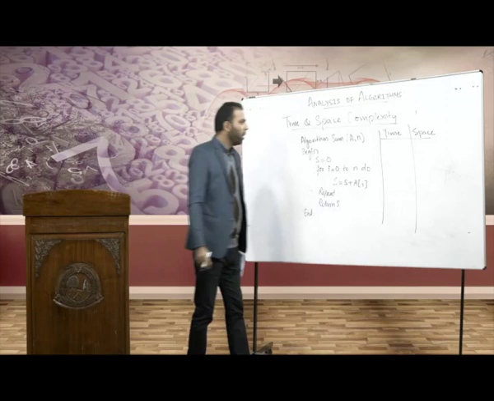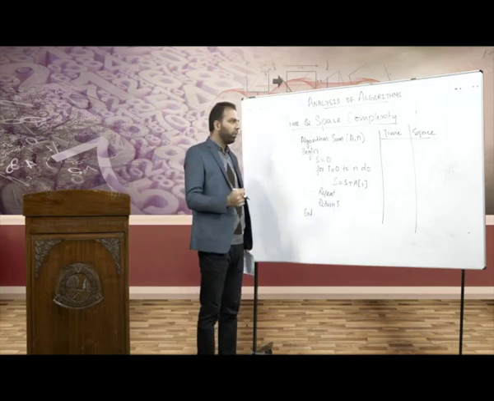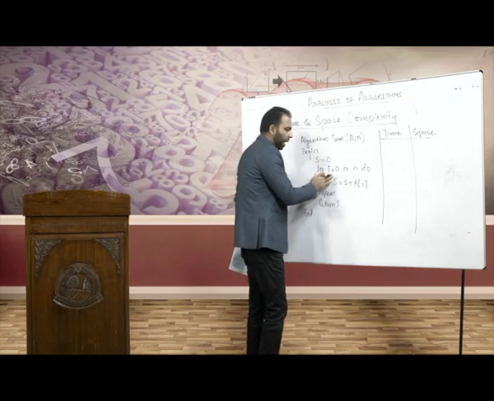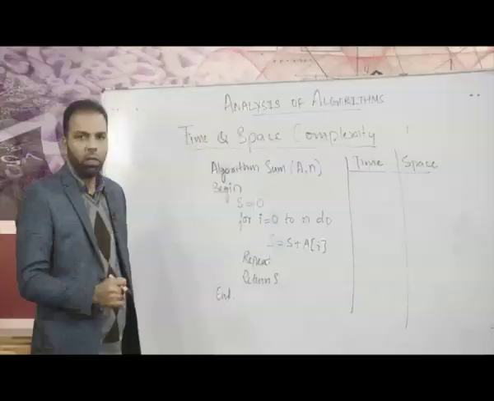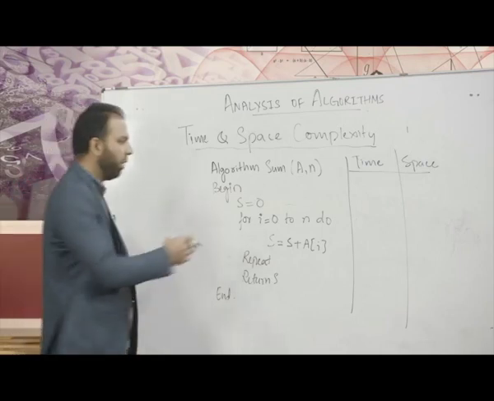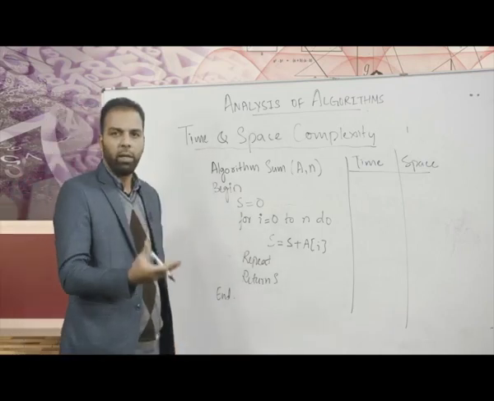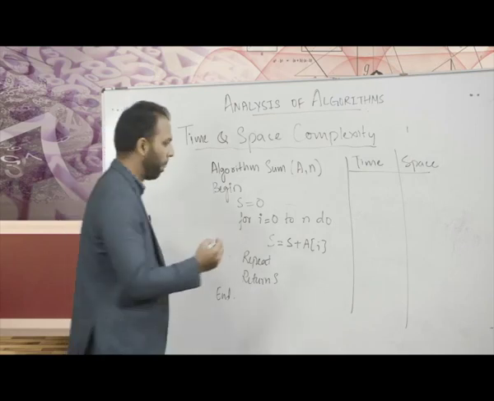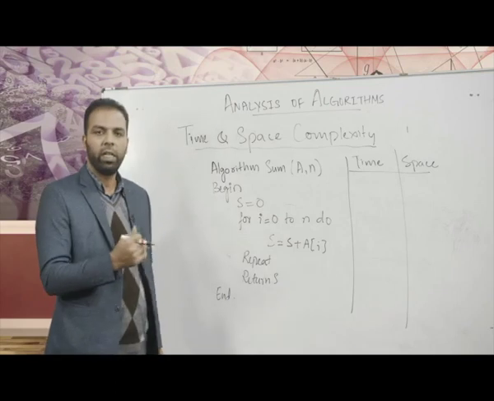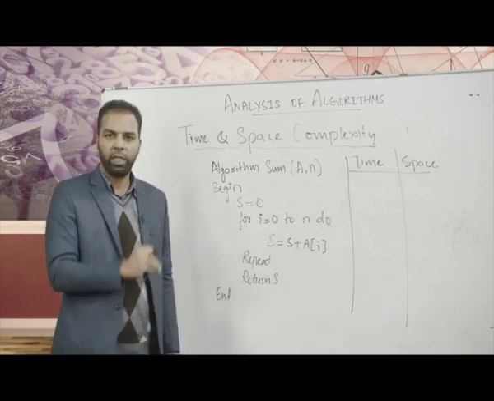Fine. So if we see in terms of time, what will happen is that this will execute how many times? This will execute n plus 1 times, meaning it will go from 0 up to n. So that will mean n plus 1. First, this statement: when we considered the operations, we also considered the assignment operation.